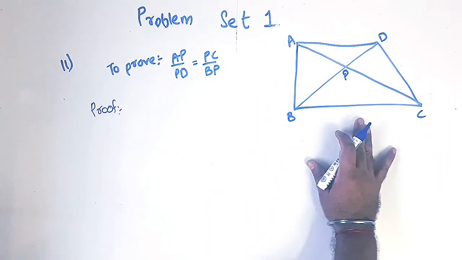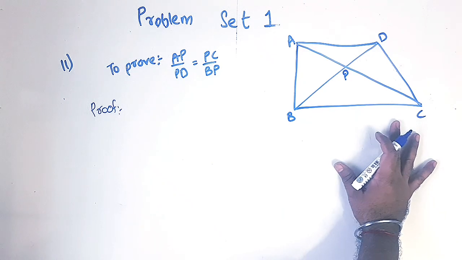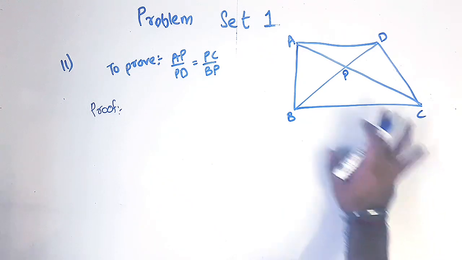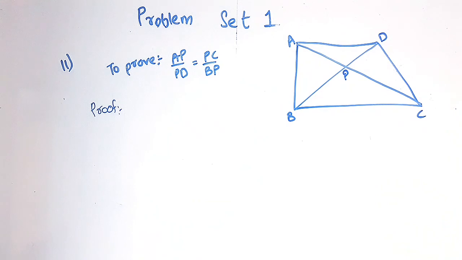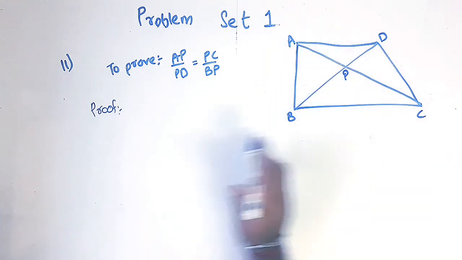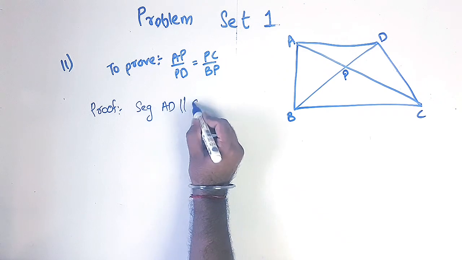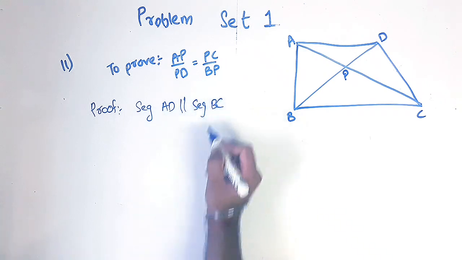When we have to prove triangles similar, we first observe what is given. Here it is given AD is parallel to BC. That means this quadrilateral is a trapezium. Now it will be very easy to prove the two triangles similar because we have seg AD parallel to seg BC.